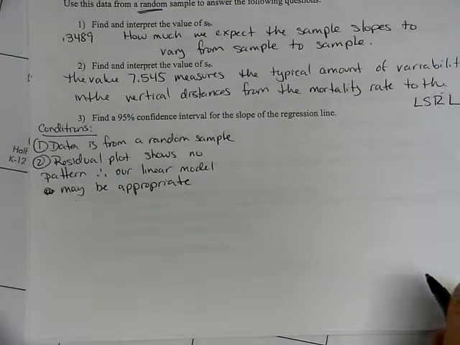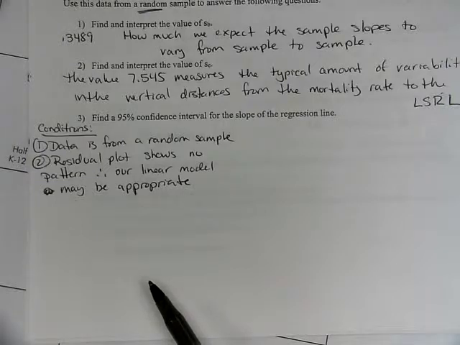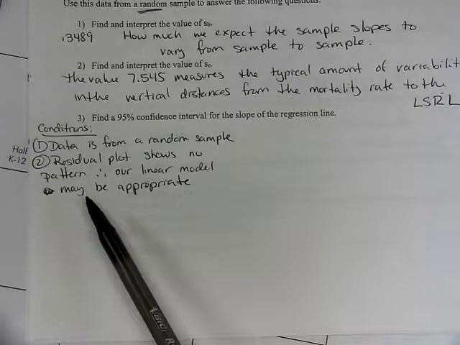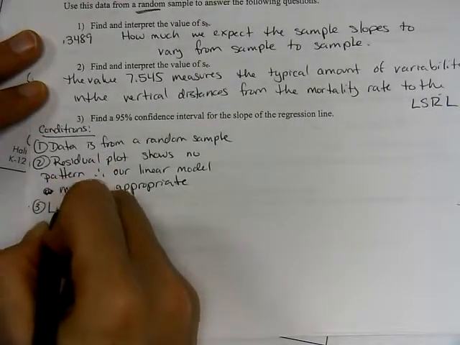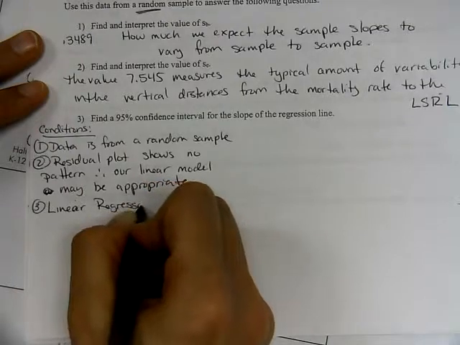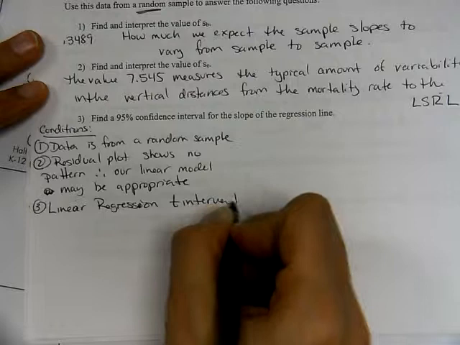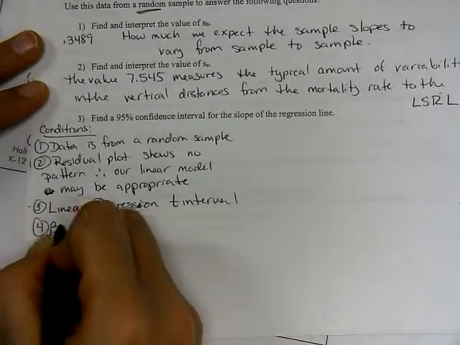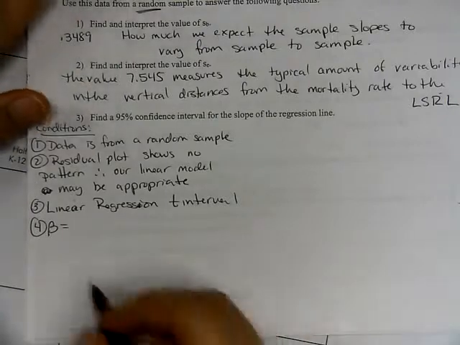Now I think on your homework, they may just tell you the conditions have been met. So again, you just skip 1 and 2. Say 1 and 2 have been met. So this is a linear regression t interval. And then we've got to talk about our slope. So we're looking at the mean annual temperature and the mortality index.